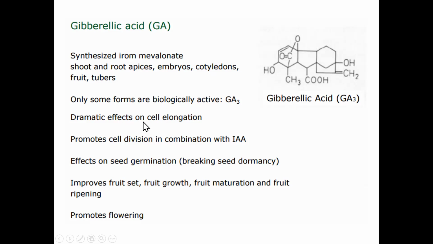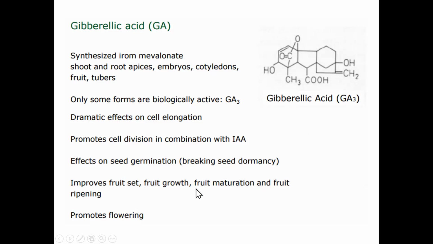If you spray gibberellic acid in a grapevine orchard or some fruit orchard, you can find bigger fruit. Promotes cell division in combination with auxin, that is indole acetic acid. Effect on seed germination: sometimes some seeds cannot germinate and become dormant. Gibberellic acid can wake them up.